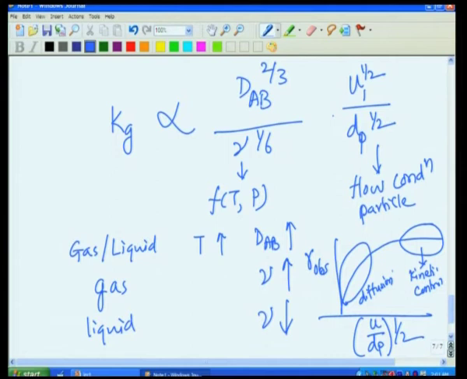If the rate is independent of variation in u or dP, then this is the kinetic region. If it is the diffusion region, then the rate will increase as we increase u by dP, and then of course, there is a transition region.